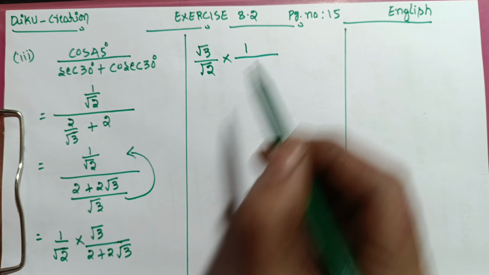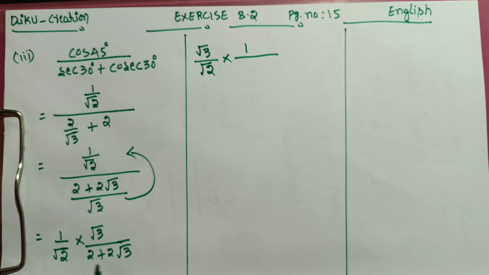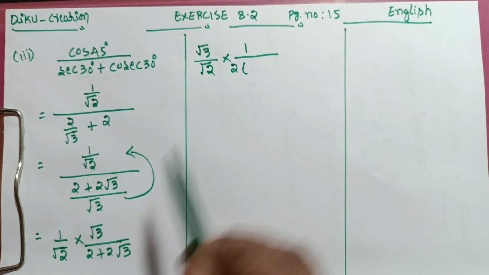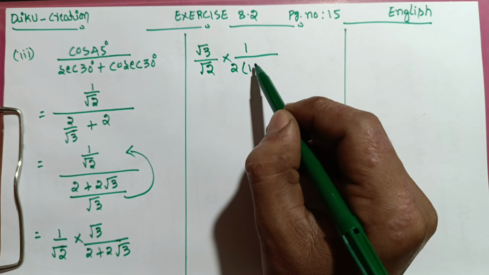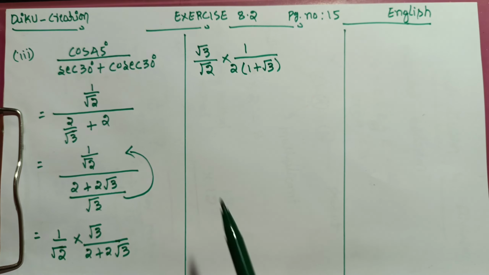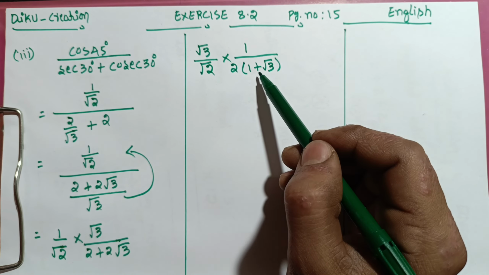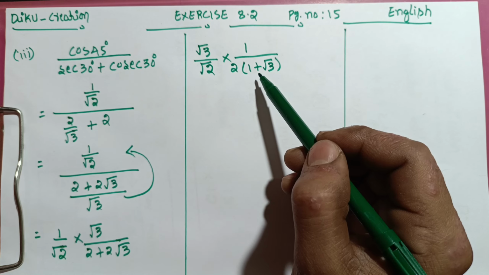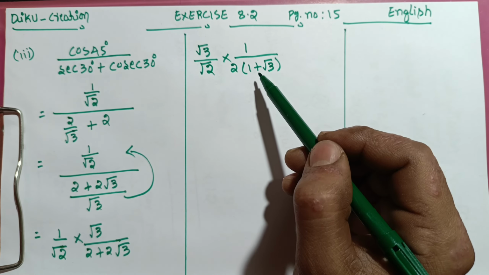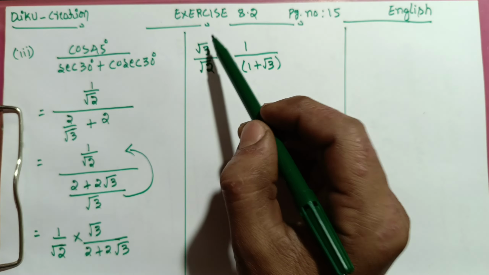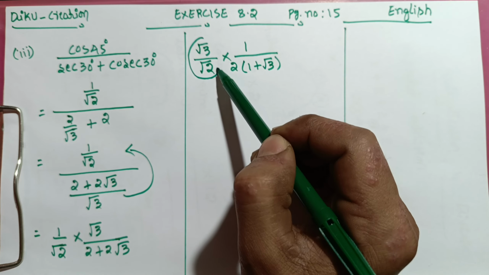Here again I will take 2 as common, hence 2 into 1 plus root 3. So this term I interchanged and have written like this in order to make the simplification simple. After this step, in the next step I need to simplify this first.